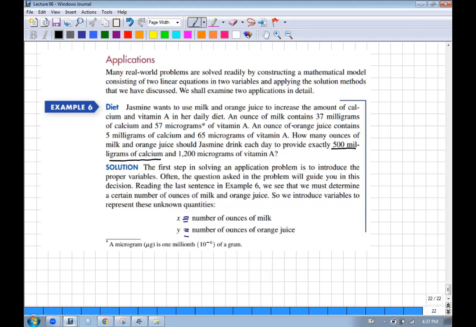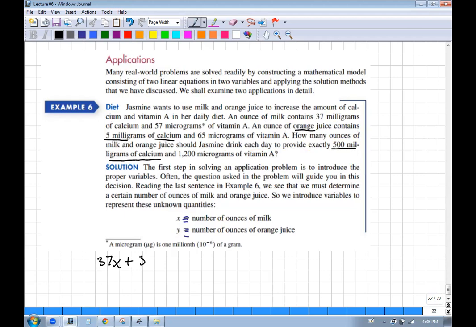Okay. Well, let's see. So let's focus on calcium right now. We have 1 ounce of milk contains 37 milligrams of calcium. So if we take 37 times our ounces of milk, right, that's the calcium from the milk. And now let's look at the calcium from the orange juice. Orange juice is 5 milligrams of calcium.